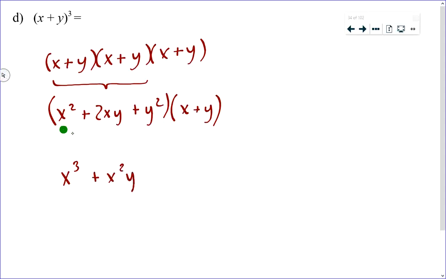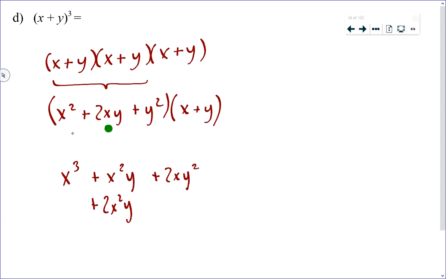And then I'm done with the x squared, so I move on to the 2xy. And 2xy times x is 2x squared y. And we might as well stack them on top of each other in that fashion because they're both similar terms. And then 2xy times y is 2xy squared.